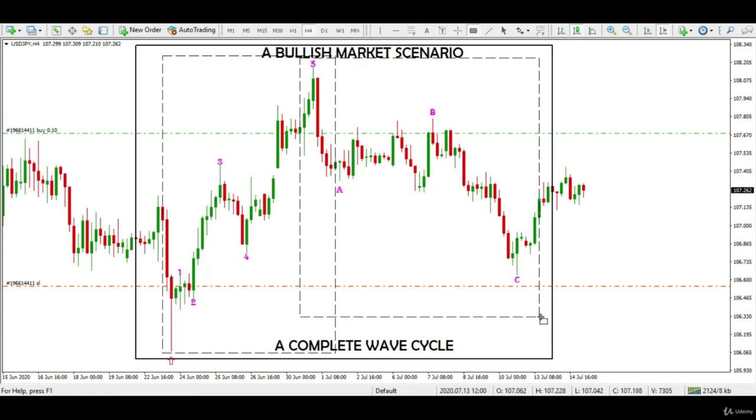Because we are looking at a bullish market, the 5-wave sequence is in the direction of the trend, whereas the 3-wave correction is against the trend.